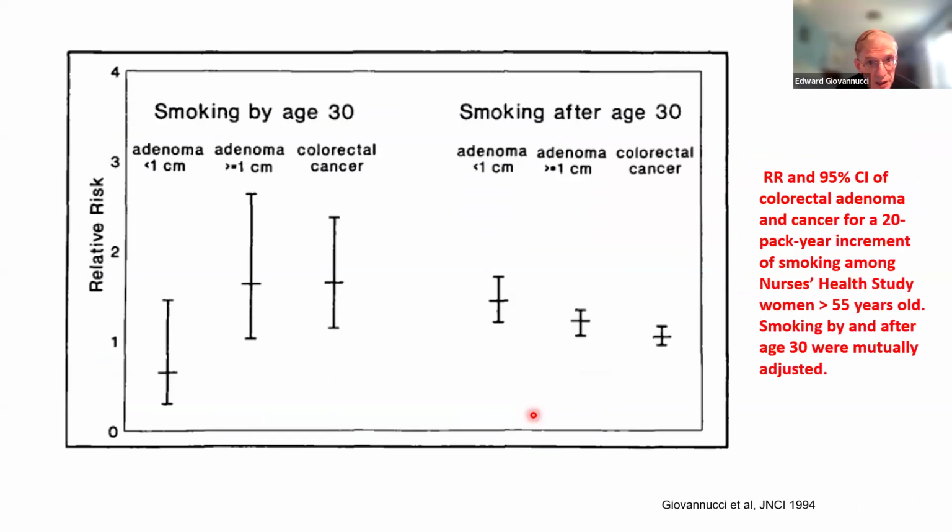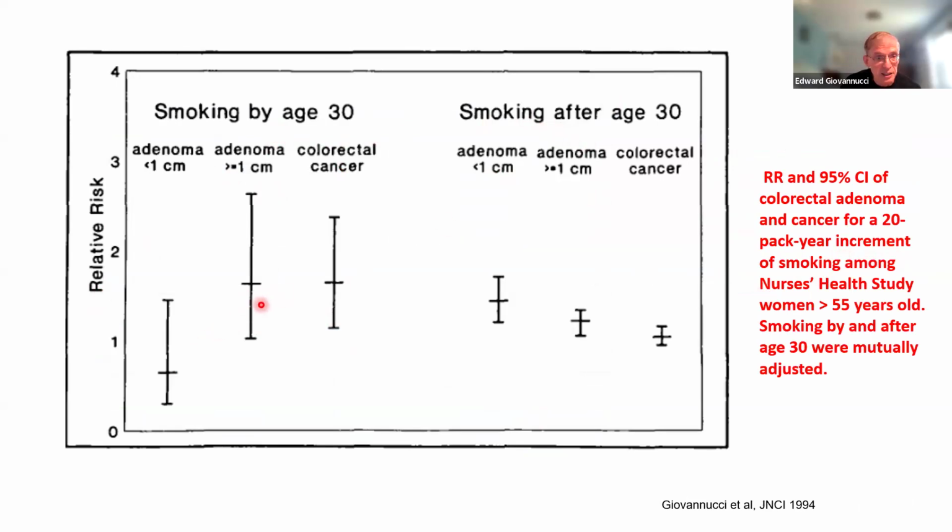Another thing is smoking. In this slide, we look at smoking before the age of 30. These relative risks are for a 20-pack year increment, and this is simultaneously adjusted for smoking after age 30.